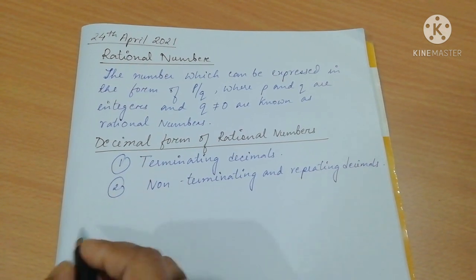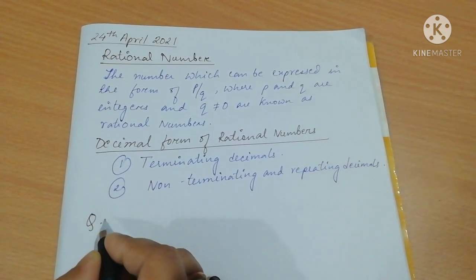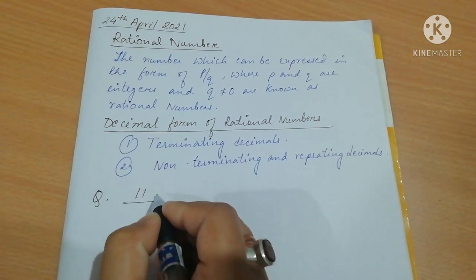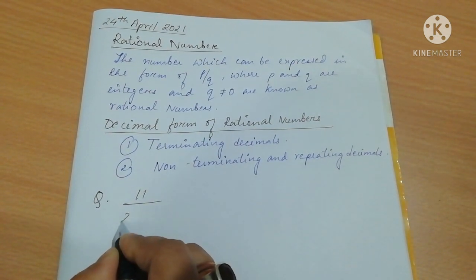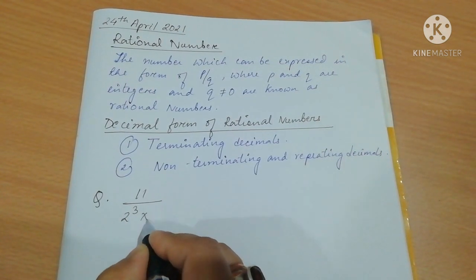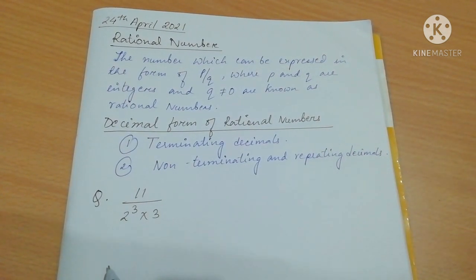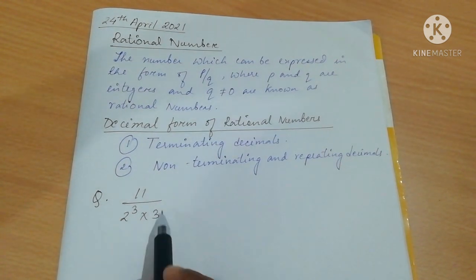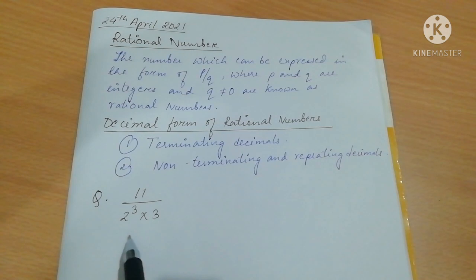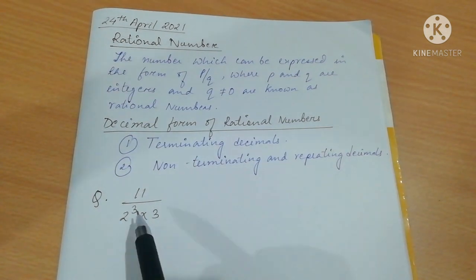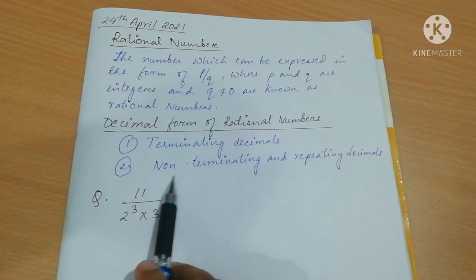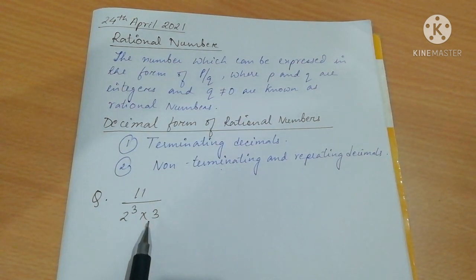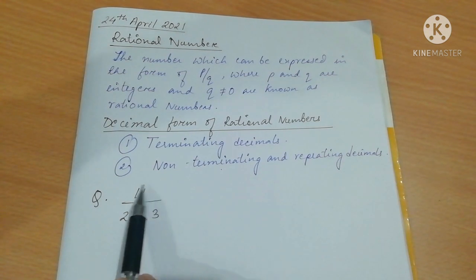Suppose 11 by 2 cube into 3. We need to convert this rational number. Will it be a terminating decimal or a non-terminating and repeating decimal? We need to identify this without actual division.